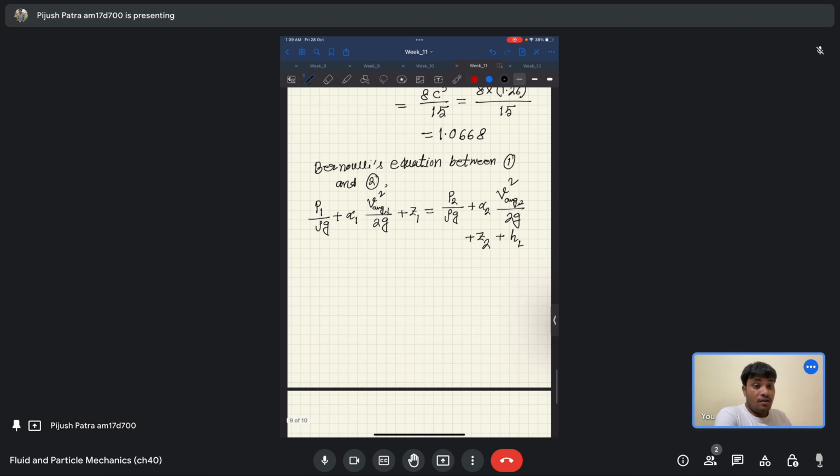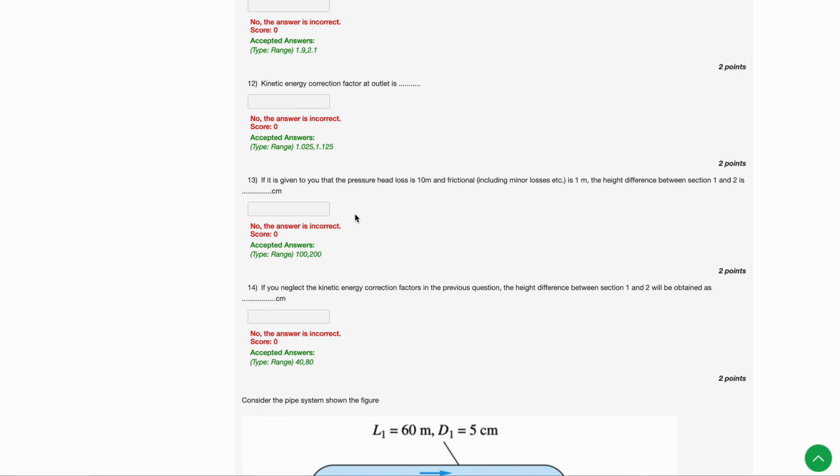Now for problem number 13 you have to use the alpha 1 and alpha 2. For problem number 14 you don't have to use the alpha 1 and alpha 2.